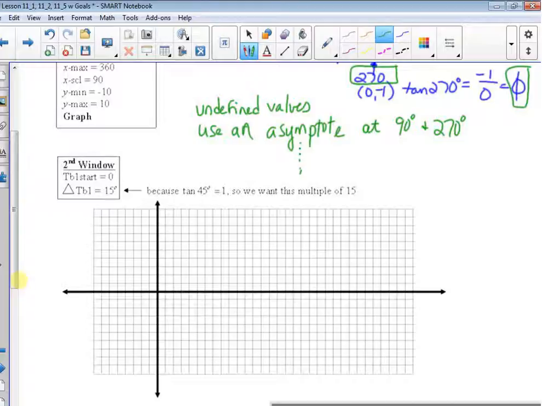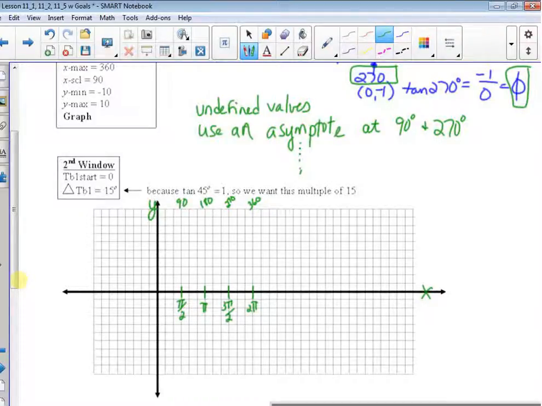So label X, Y. I am still going over 3 spaces and putting pi over 2, and then 3 more, putting pi, 3 more and putting 3 pi over 2, and 3 more and putting 2 pi. So remember, those values are 360, 270, 180, and 90.